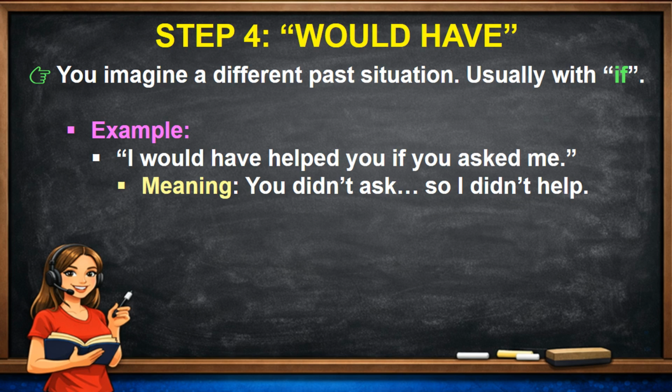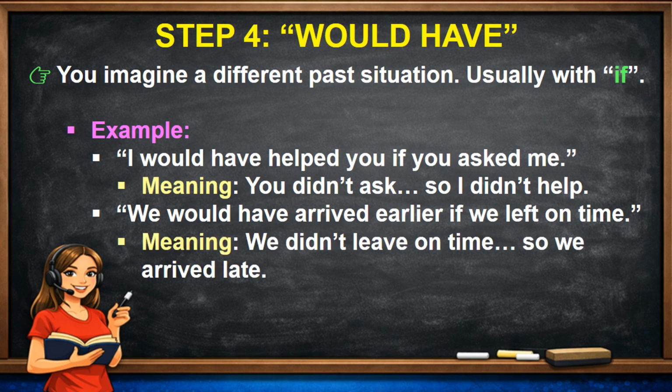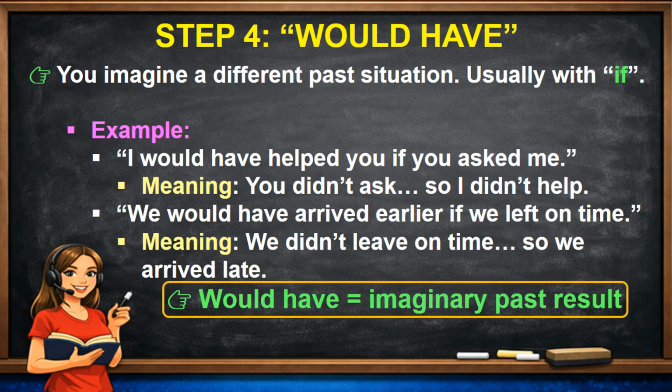This sentence means you didn't ask, so I didn't help. Another example to make it clearer. We would have arrived earlier if we left on time. And the meaning of this sentence is, we didn't leave on time, so we arrived late. So notice, use would have if it is an imaginary past result.